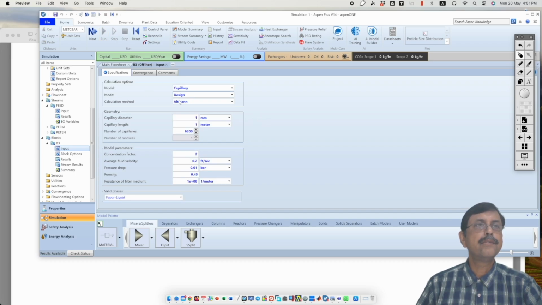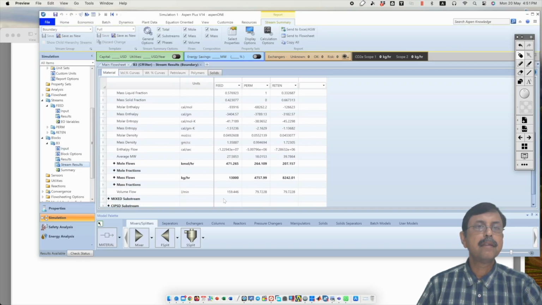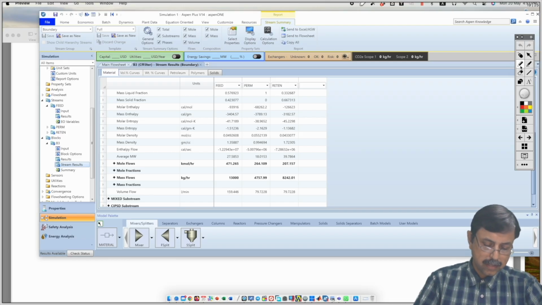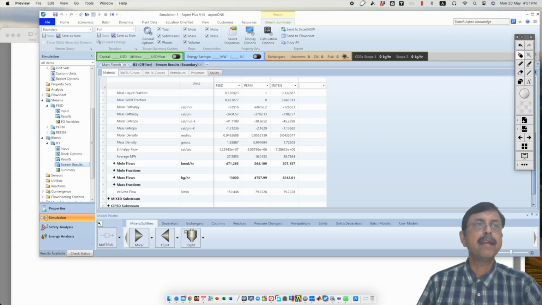Well, so run completes, go to the stream results. We find again this is concentration factor. This by this is equal to 2, the design parameter that we have specified.